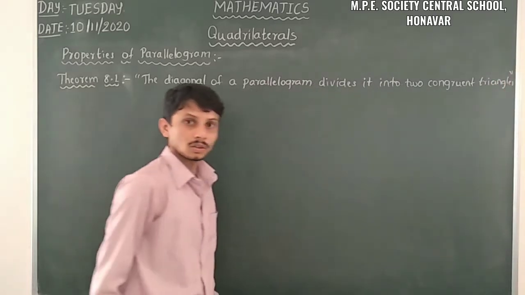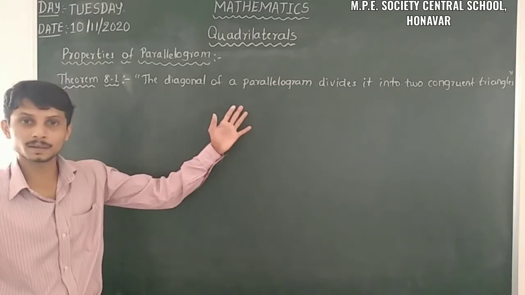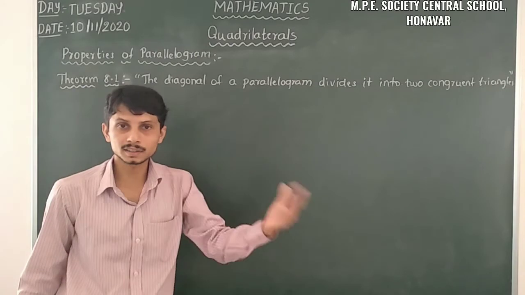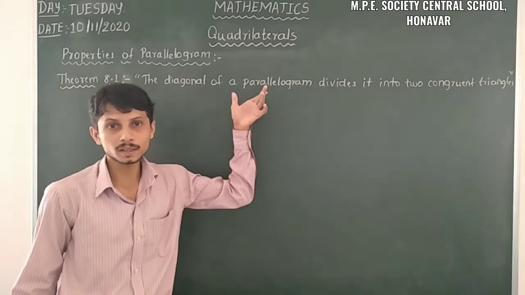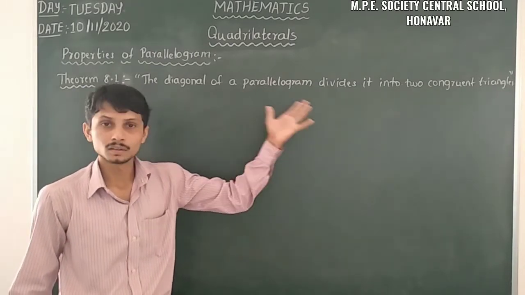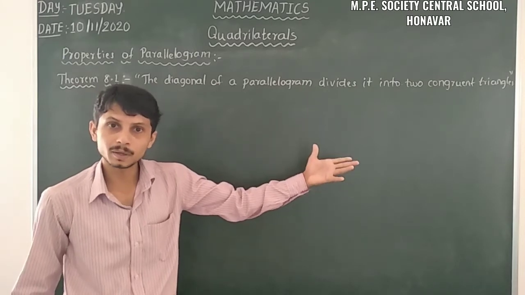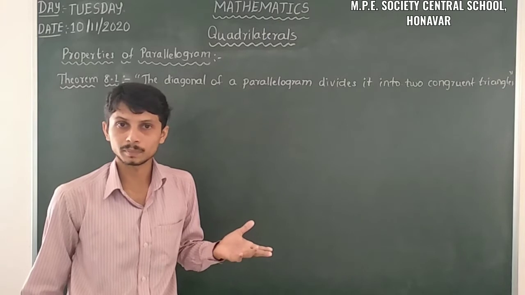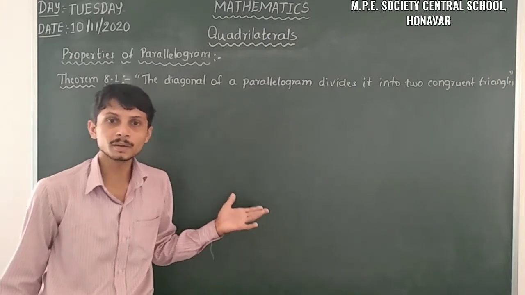Yes, so here we have to prove this theorem, because a theorem needs a proof. Otherwise we can't consider it a true statement. So that's why we have to take it as a false statement first. After proof we can take it as a true statement. So for that we need a proof.